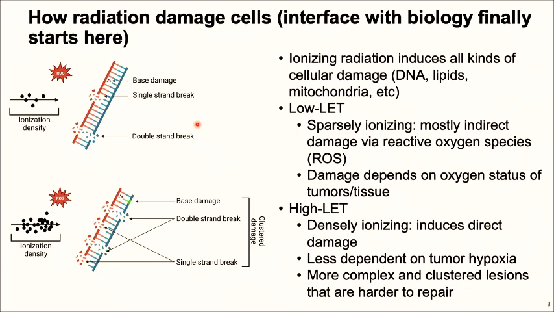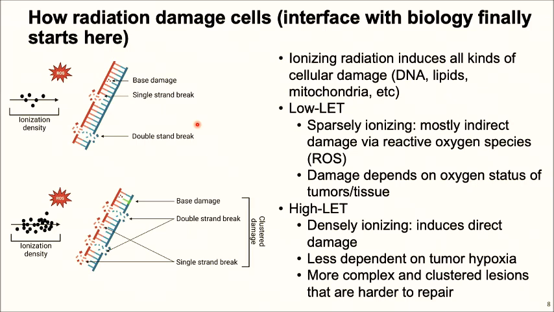So for low LET radiation, usually the tumor response is dependent on the oxygen status of the tumor. If a hypoxic tumor is more resistant to radiation, the main reason is the lack of oxygen to generate these reactive oxygen species that would in turn interact with DNA, damage DNA, and then kill the cell.